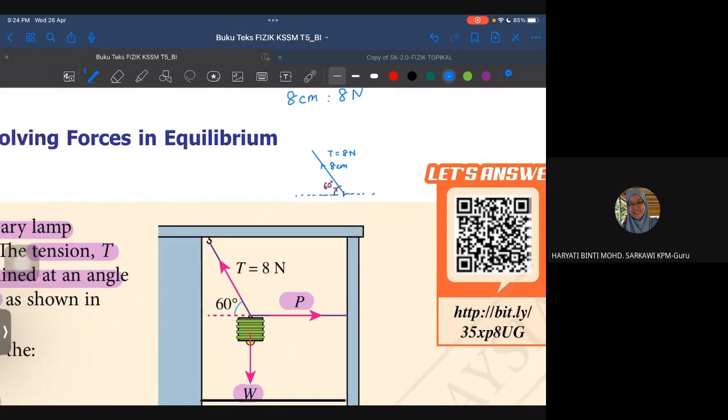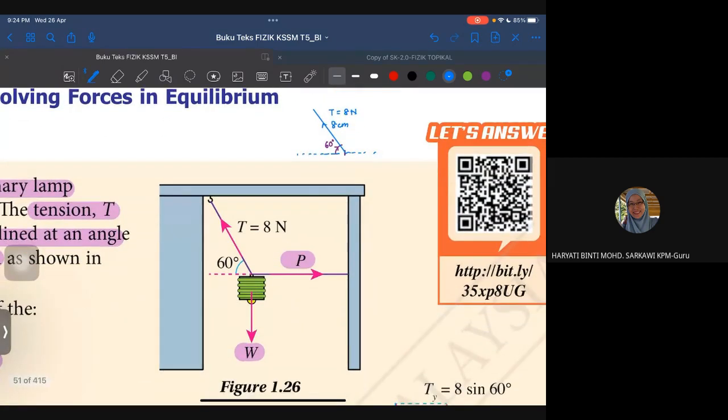Okay. So then you draw the second force at the end of the first force. It's up to you to choose, either to continue with W or to continue with P. Both will be correct. Let's say we draw with W. So you draw W, 90 degree downward.